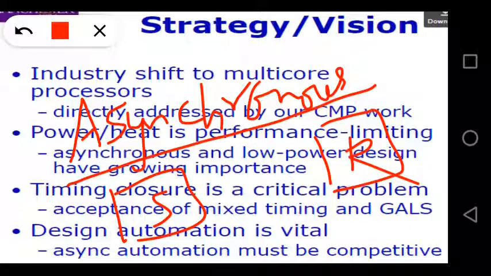Timing closure is a critical problem. There is acceptance of mixed timings and GALS. When you deploy these billions of transistors, maintaining the timing signals is again a big challenging task. Design automation is vital. Asynchronous and automation must be competitive.